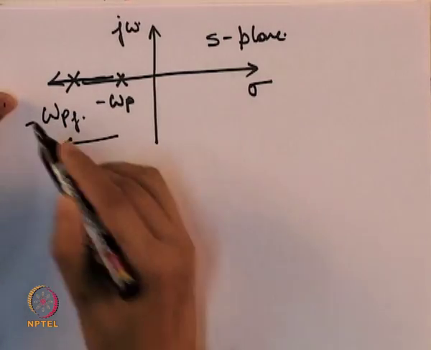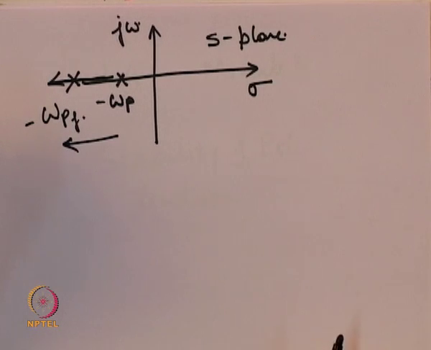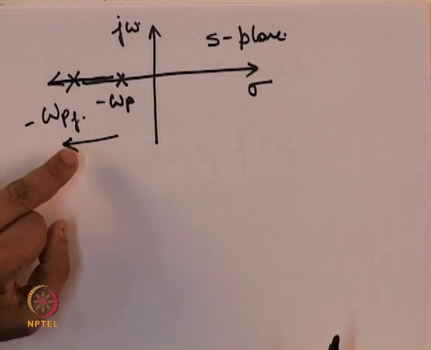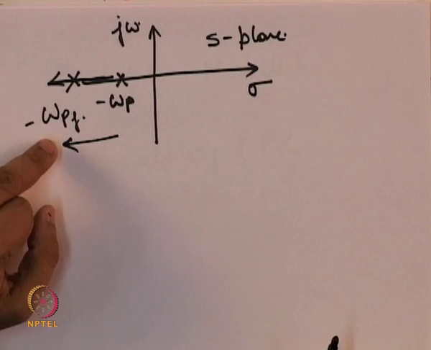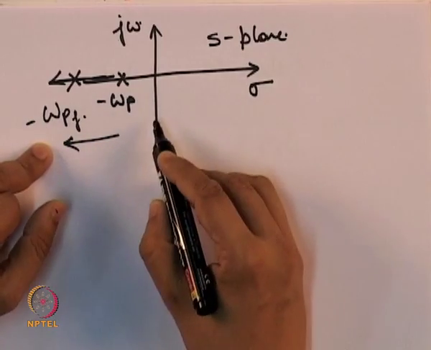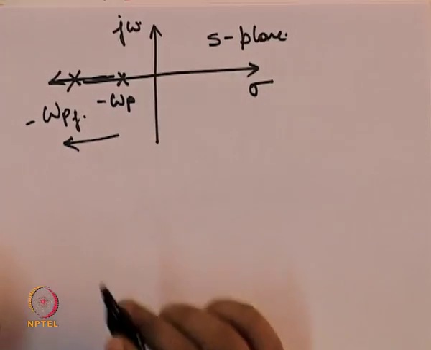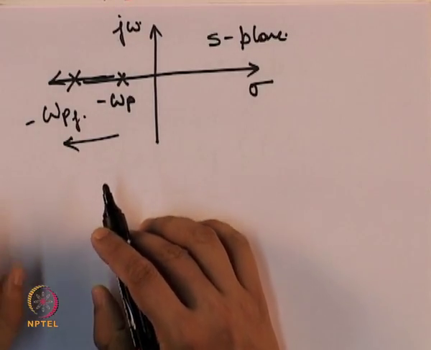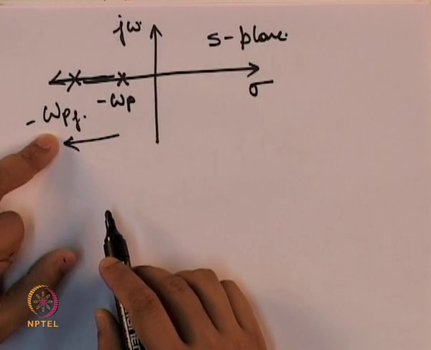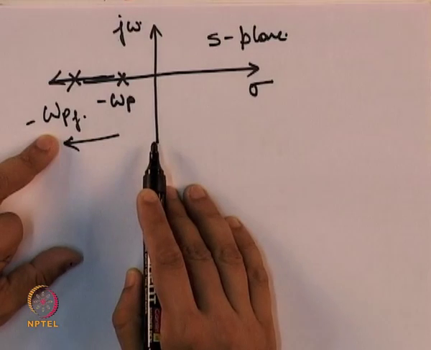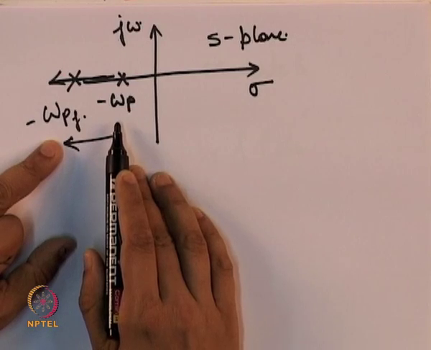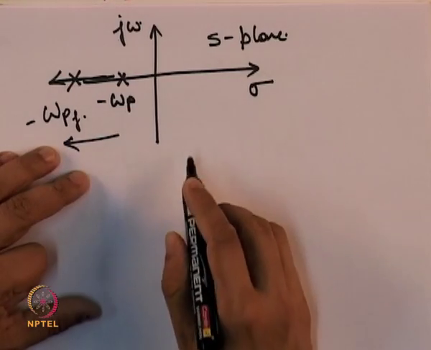The new pole of the closed loop transfer function is at minus omega p f, which shifts much farther away from the imaginary axis j omega, which basically means that the stability of the system actually improves, because now this pole of the closed loop system is much farther away from the imaginary axis as compared to the pole of the open loop system.